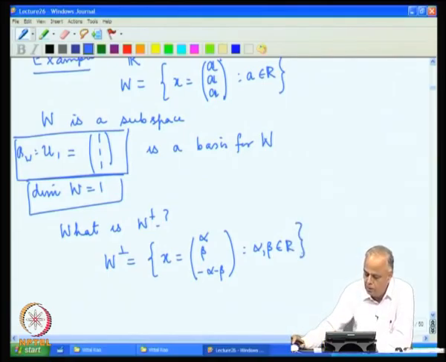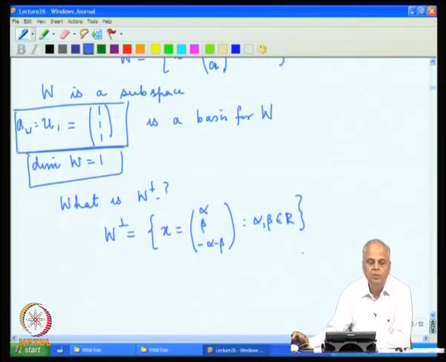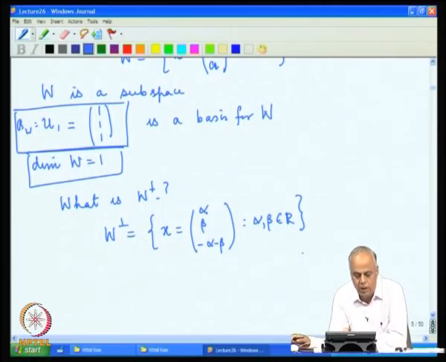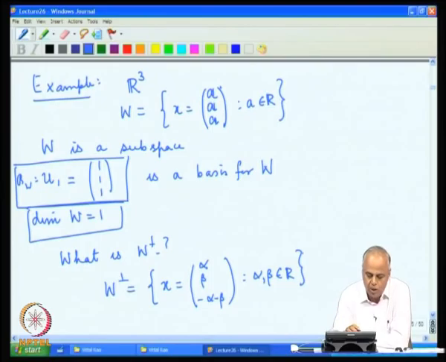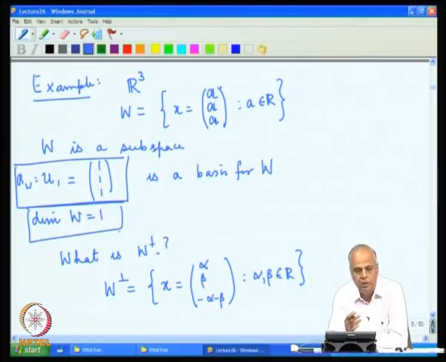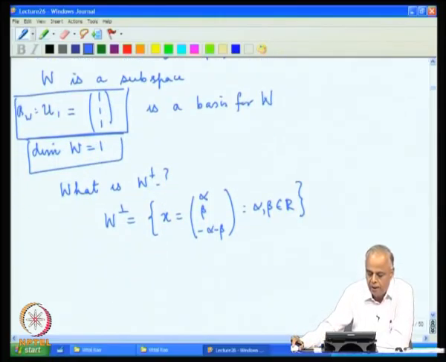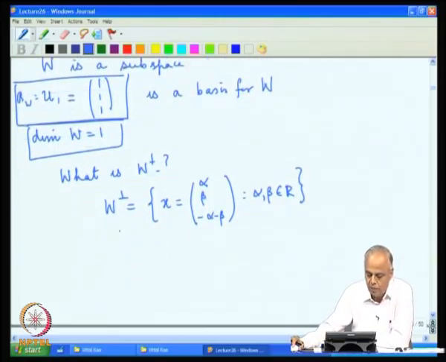It is the set of all those vectors whose sum of the components must be 0, because it must be orthogonal to the basis vector of W. Since all the components of the basis vector are 1, the dot product will be the sum of the components. So, the sum of the components must be 0, and hence W perp is of this form.